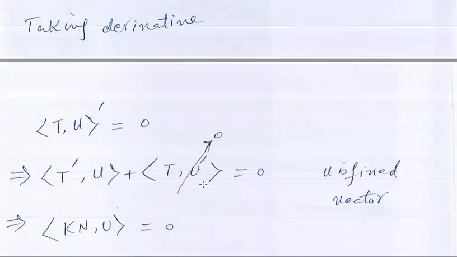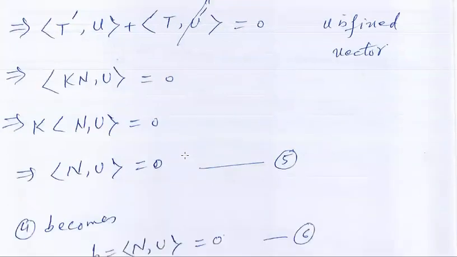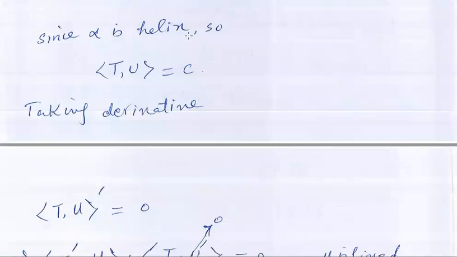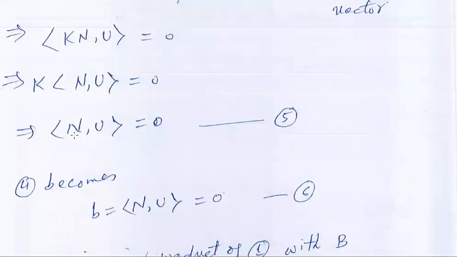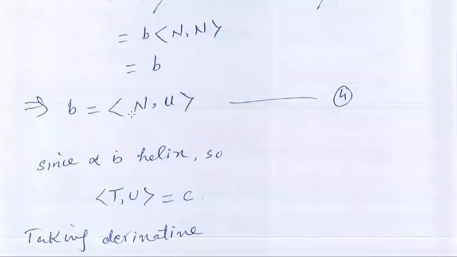Taking derivative, we find the inner product of n and u is equal to 0. So if alpha of s is a helix, then the inner product of n and u is equal to 0. Hence, b is equal to the inner product of n and u, so b is equal to 0.